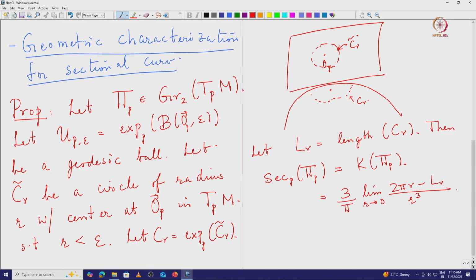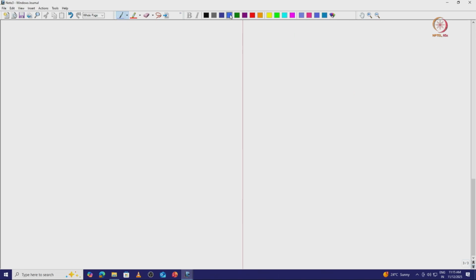Okay, so before proving this, let me make a remark. In flat space R^n, clearly Lr is equal to 2 pi r, right. This is our favorite formula for the circumference of the circle in a plane, from high school.